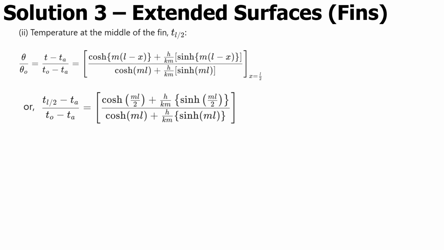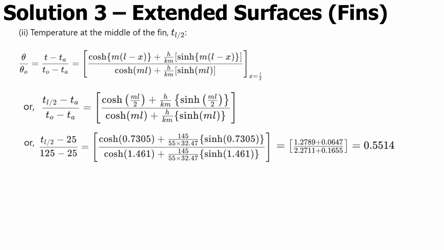So then once we start plugging in the values which we got from the previous calculation, the calculation proceeds as follows until we end up with the value of TL over 2 equal to 80.14 degrees Celsius. This is the temperature at the middle of the fin.